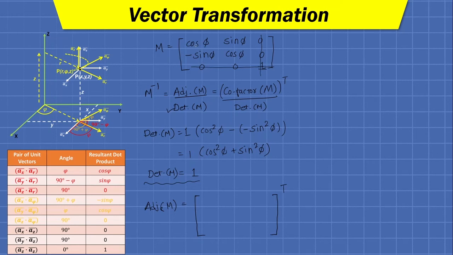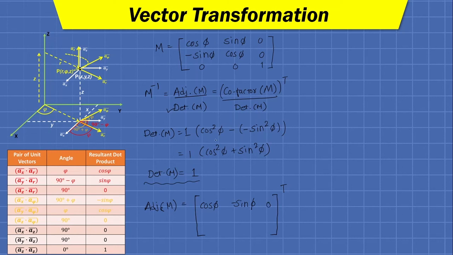So the cofactor of this term cos phi will be cos phi into 1 minus 0 into 0, which will be cos phi. The cofactor of sin phi we will calculate as minus sin phi into 1 minus 0 into 0, so it will be minus sin phi. The cofactor of 0 will be 0.